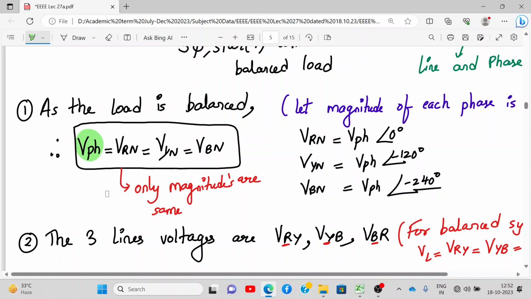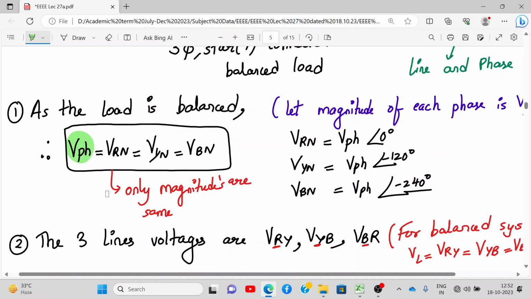But only what is same? Magnitude is same. They have a phase difference of 120 degrees between each other. You know that, right? So write down this. VRN is V phase angle 0. VYN is V phase angle minus 120. VBN is V phase angle minus 240 degrees.